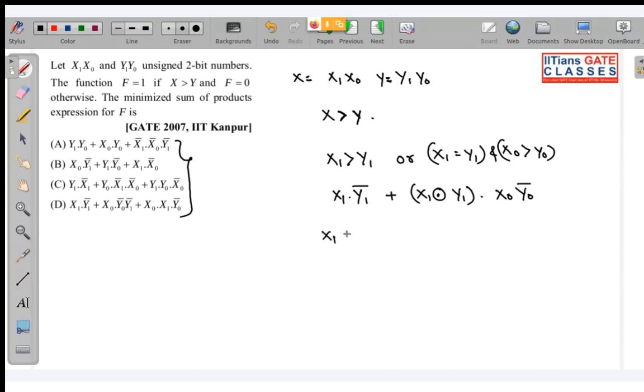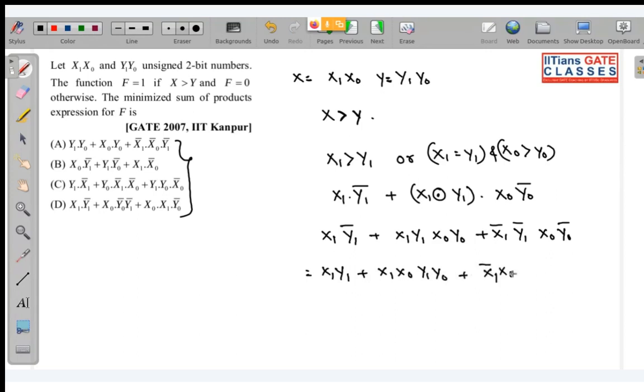If you open this, this will be what? x1 y1 x0 y0 plus x1 y1 x0 y0 complement, and then again you need to rearrange it like this: x1 x0 y1 y0 plus x1 complement x0 y1 complement y0 complement, and then you need to form a K-map and solve, but it is not required.